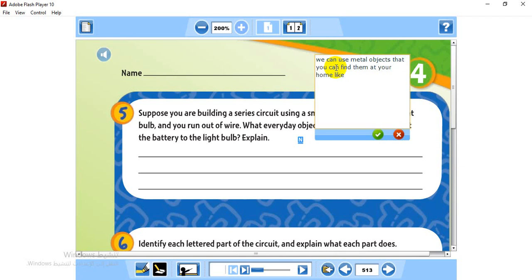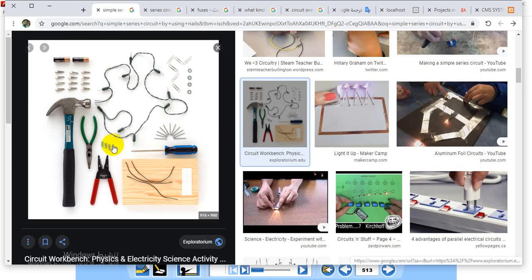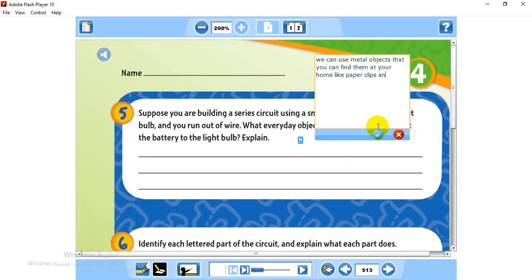Okay, like what exactly? What can we say, examples like what? Paper clips. And what is the other example that we see here? Nails. We see here clips and nails, so we can write this. And metal spoons also.